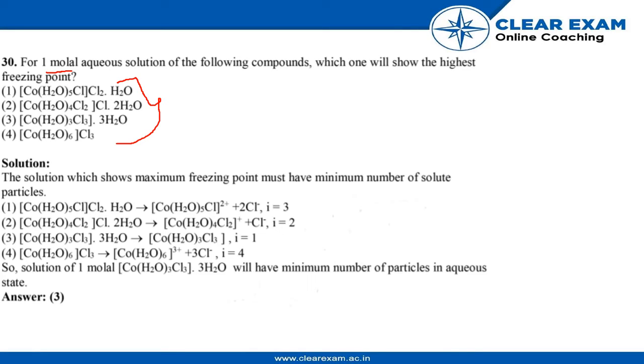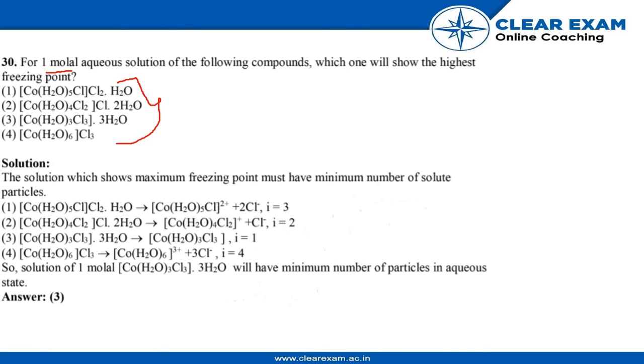Therefore, for the first compound, [Co(H2O)5Cl]Cl2.H2O will have [Co(H2O)5Cl]2+ and 2Cl-, so i will be 3 for it.